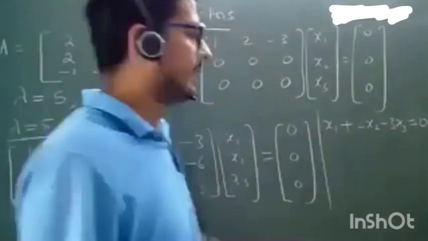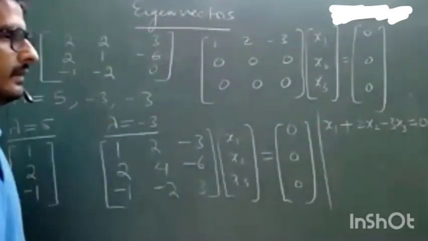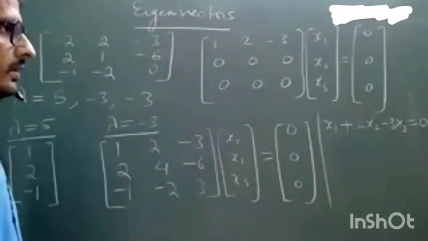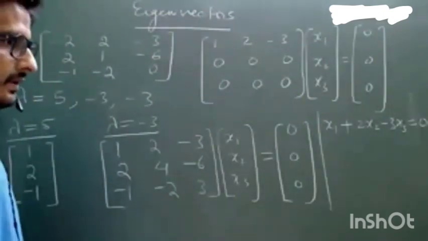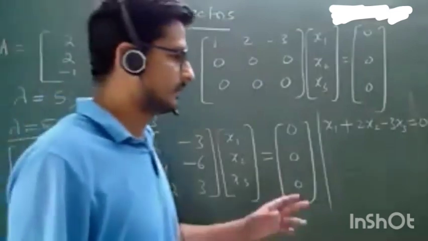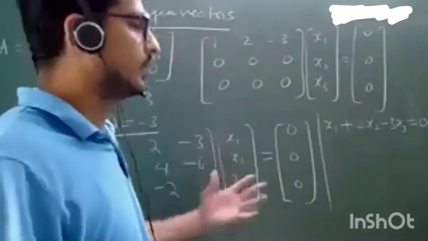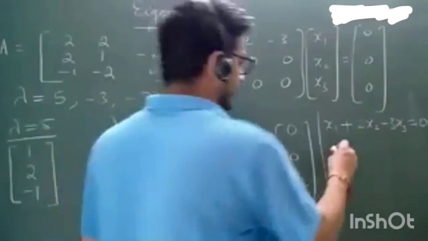Now you have only one equation to use to write the vector, so we have to assign two different values.